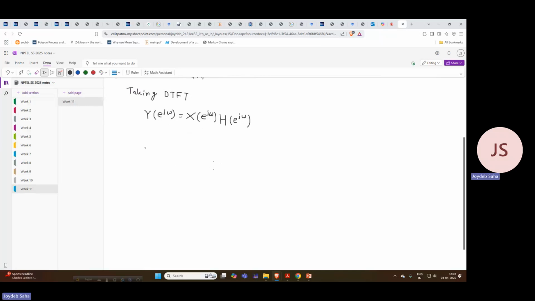So what will be H of e to the power j omega? H of e to the power j omega is equal to Y of e to the power j omega divided by X of e to the power j omega.